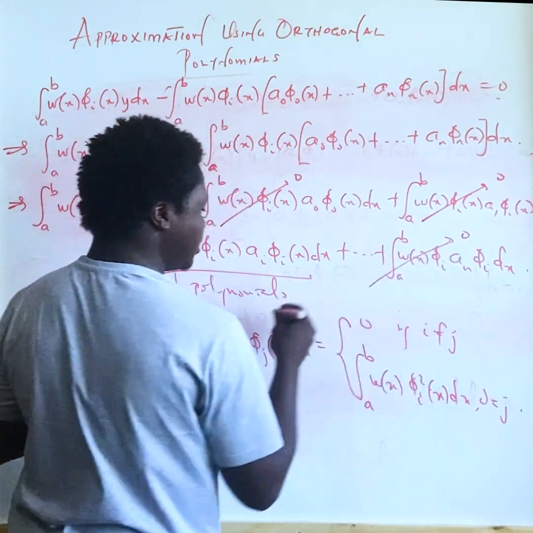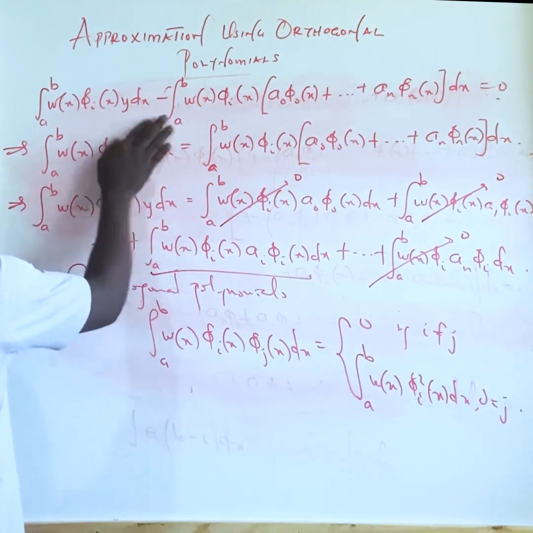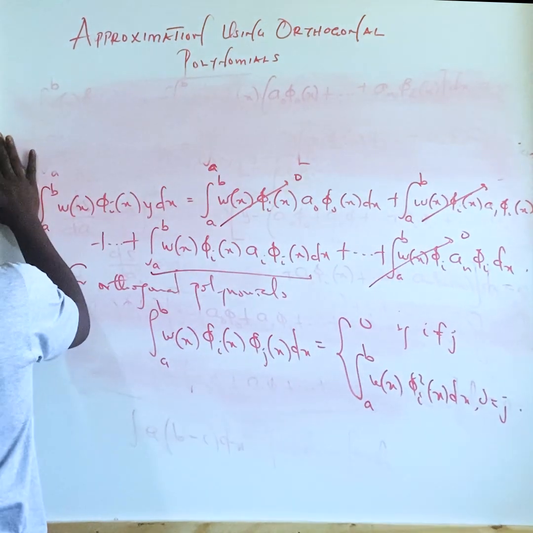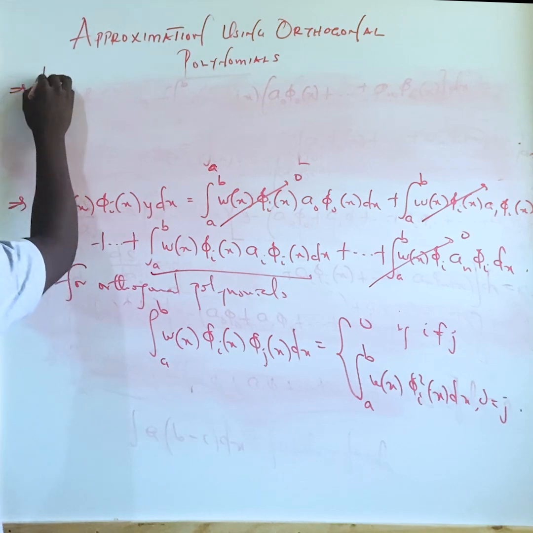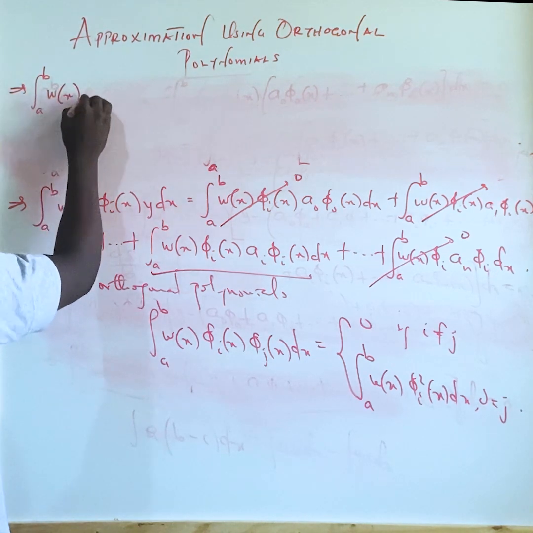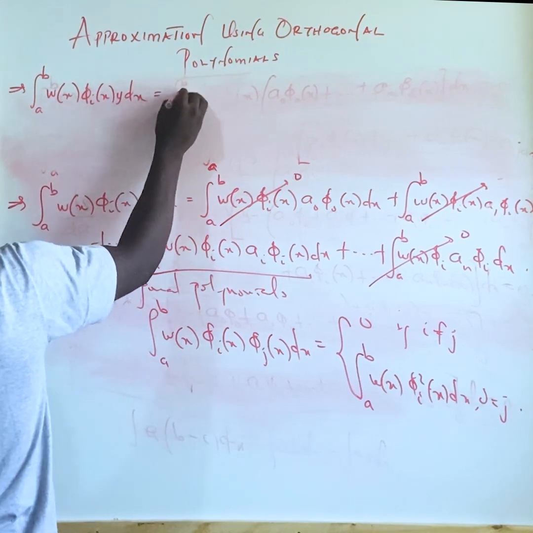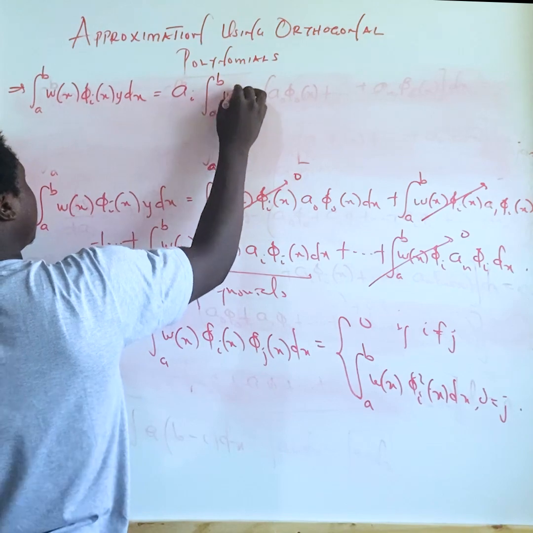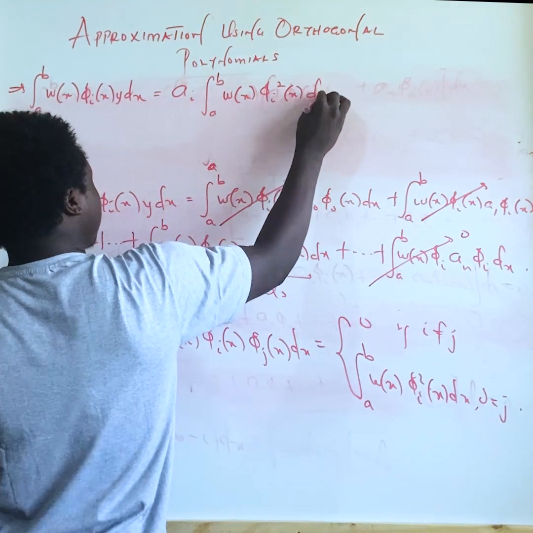Here too will be 0. So it means that our result should be: we should be having integral a to b omega x phi_i of x y dx to be equal to a_i integral a to b omega x phi_i square of x dx.